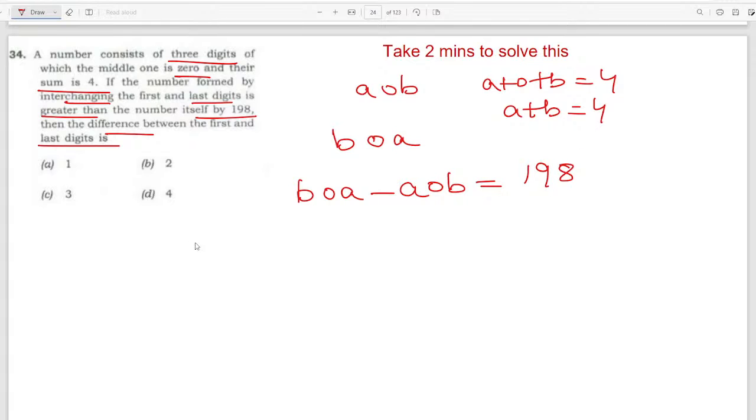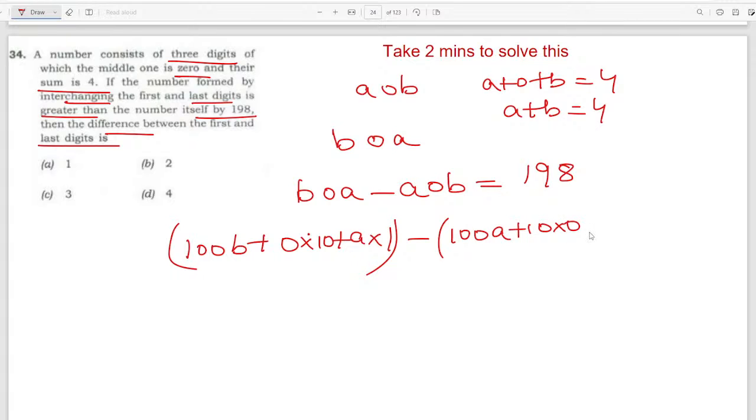And this B0A, I can write it as 100B plus 0 into 10 plus A into 1, minus this, 100 into A plus 10 into 0 plus B into 1. This is equal to 198.